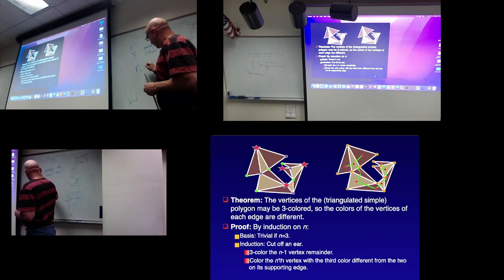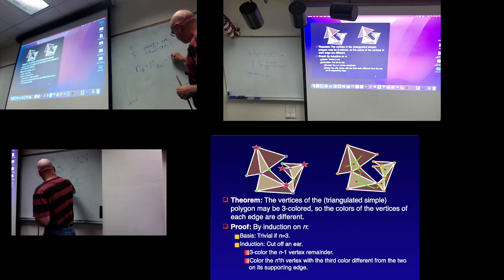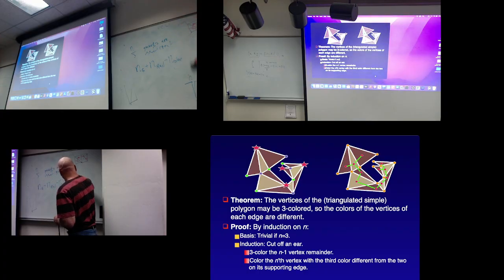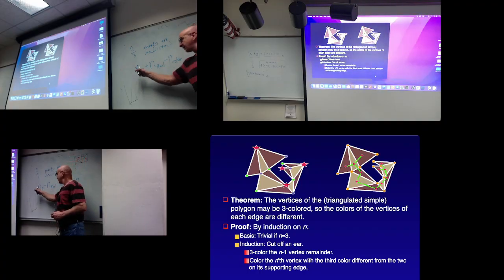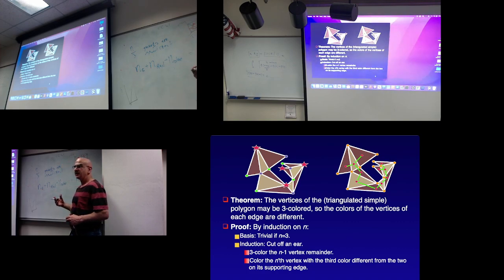Look at the number of green plus the number of red plus the number of blue vertices. Each vertex is uniquely colored, so these 3 numbers, the green, the red, and the blue, sum to just n, meaning that one of these 3 sets has at most n over 3 vertices inside.